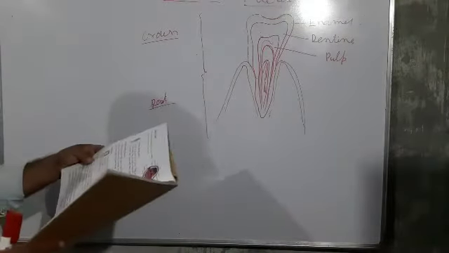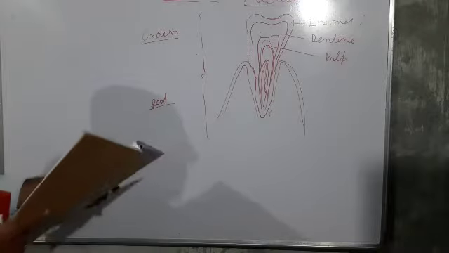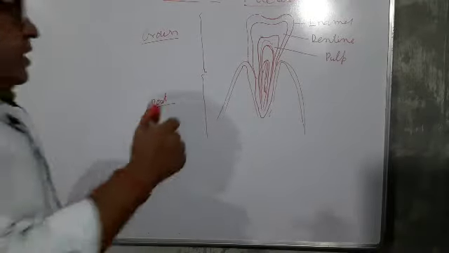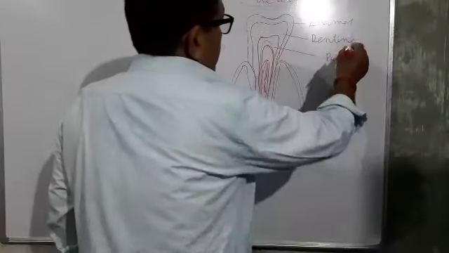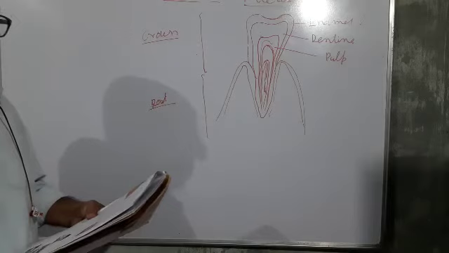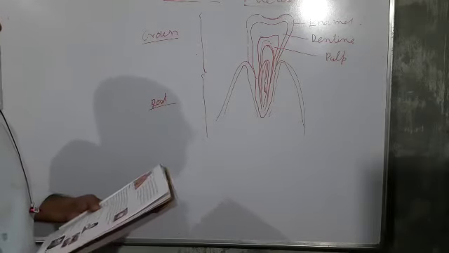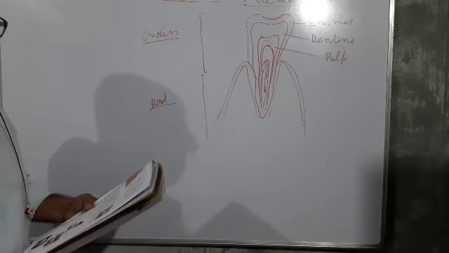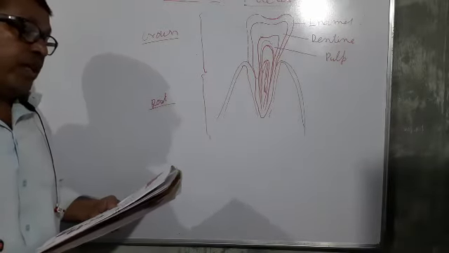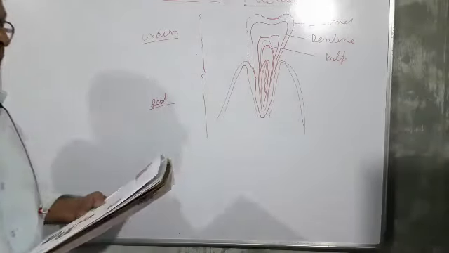Now after the enamel comes the dentine, which is found just below the enamel. It supports the enamel. Within the dentine, at the center of the crown and the root, is the pulp.